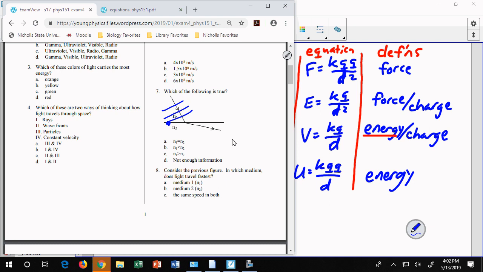So this thing is going to zoom around like this. So it goes faster in n2. Does that mean that n2 is bigger or smaller if it's going faster? Smaller, right? Because as n goes down, v goes up. So n2 is smaller. That means C is the right answer, that n1 has the bigger index of refraction.